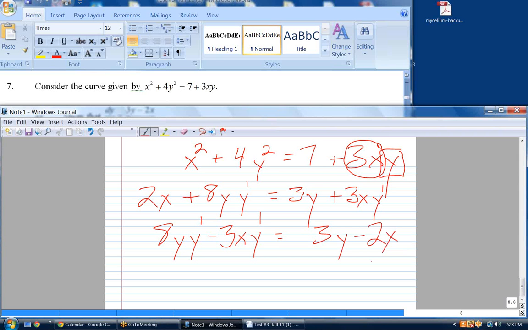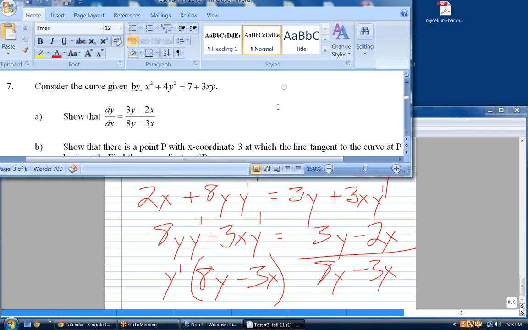The next step is to factor out the y prime from that side, and then divide the whole thing by that. And that should be what they wanted us to show: 3y minus 2x over 8y minus 3x.